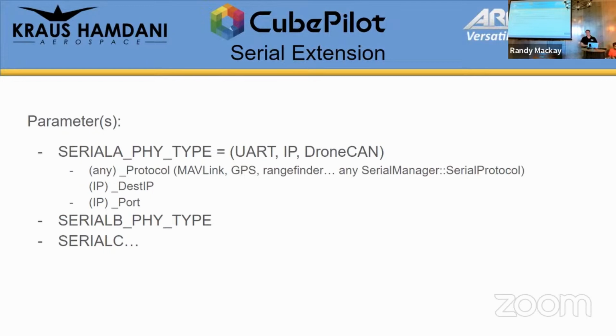Any sort of protocol that's in the serial manager. Without having a physical serial port, you can just be talking as if that's the port over IP. So that allows us to have a dozen Mavlink ports or whatever, and it has nothing to do with serial.